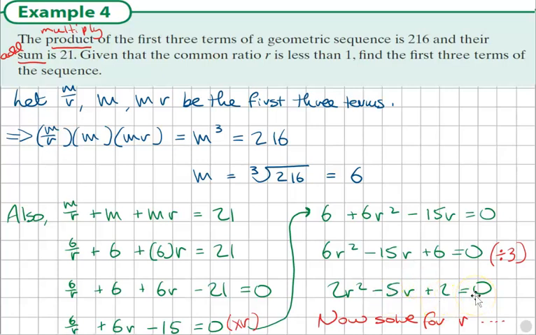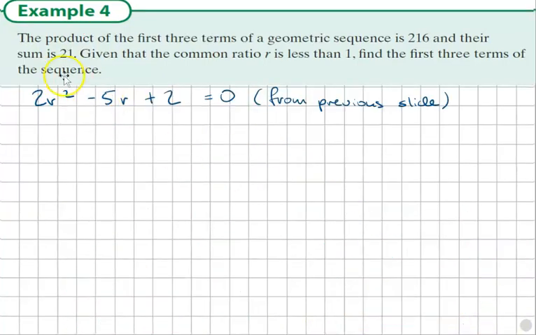So going back to the question, we were asked to find the first 3 terms of the sequence, but we're going to have to find r, which we know is less than 1, to help us do that. So we need to solve for r now. So this is just the equation from the previous slide. At this stage you can factorize or you can use the minus b formula.